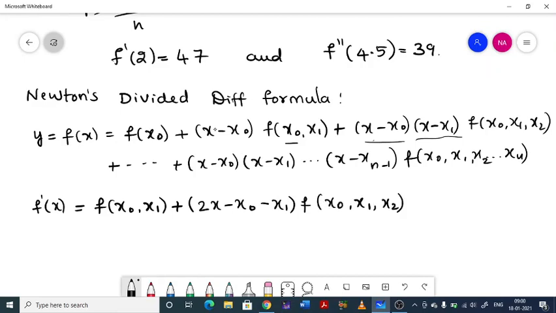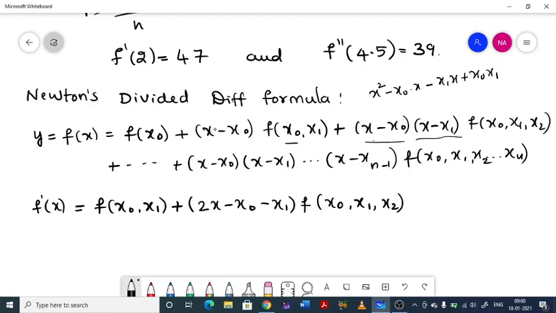See, if you multiply this, you will get x square minus x naught x1 minus x square minus x naught minus x1 x plus x naught x1.